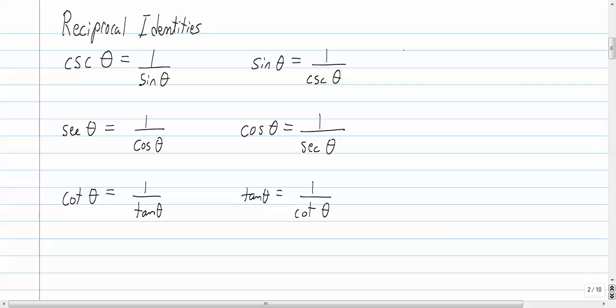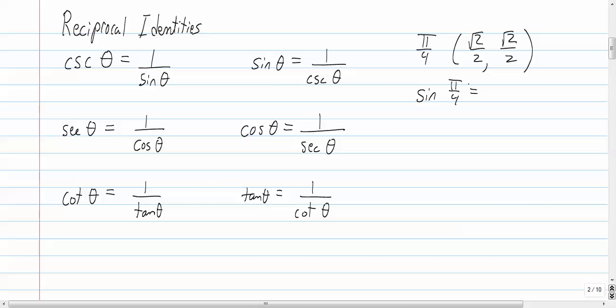For example, when we were going over pi over 4, we used the point square root of 2 over 2, square root of 2 over 2. So if I find the sine of pi over 4 by remembering that sine is the y coordinate, it is y divided by r, but the radius for an angle measure that corresponds to this point on the unit circle is 1.